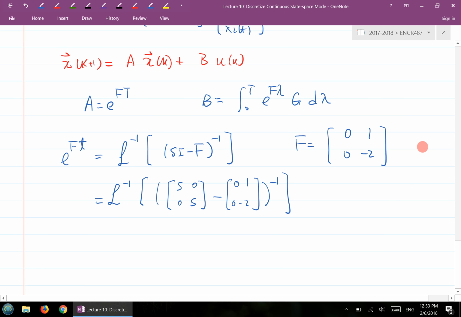Now simplify this. It becomes s minus 0, 0 minus 1 is negative 1, 0 here, s minus negative 2, which becomes s plus 2, inverse.